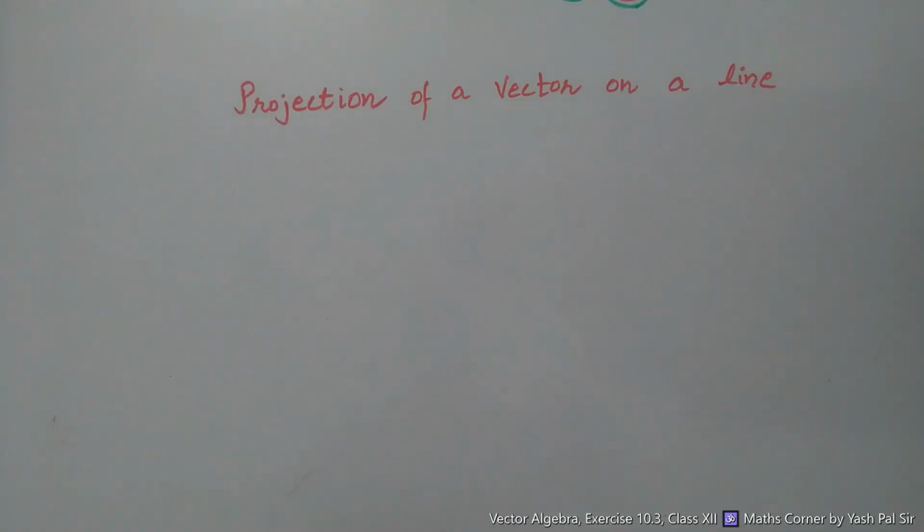Our next point is the projection of a vector on a line. So how to find the projection?